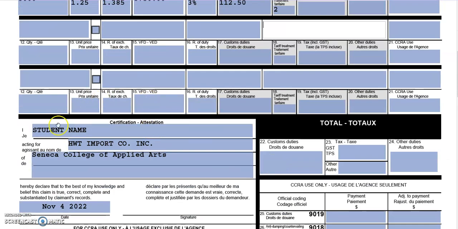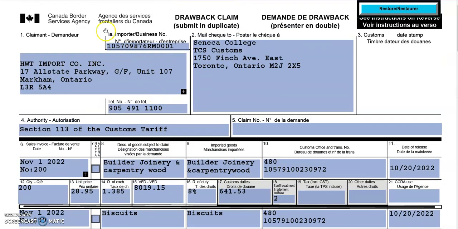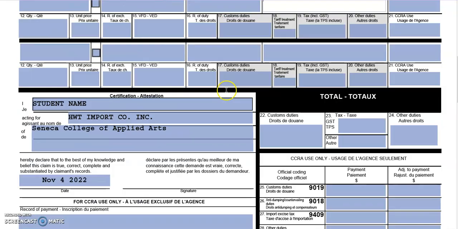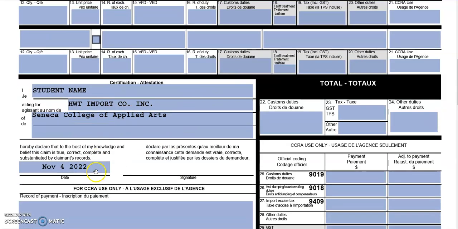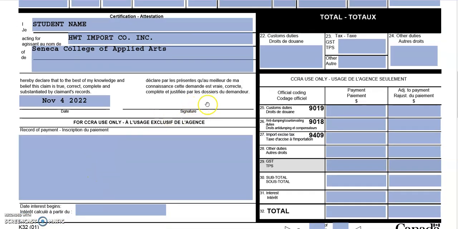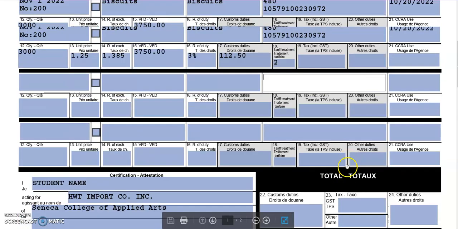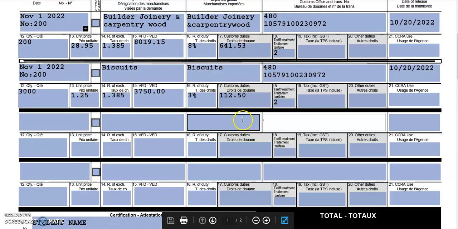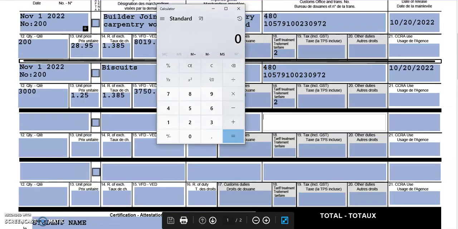So we go down to the bottom here. I, student name, acting for HW2 Import Company. We're acting for these guys, and I work for Seneca College Applied Arts. I put today's date, but that's no problem. You should sign it. And what we do down here, the totals, we add up the customs duties that we're going to get back.